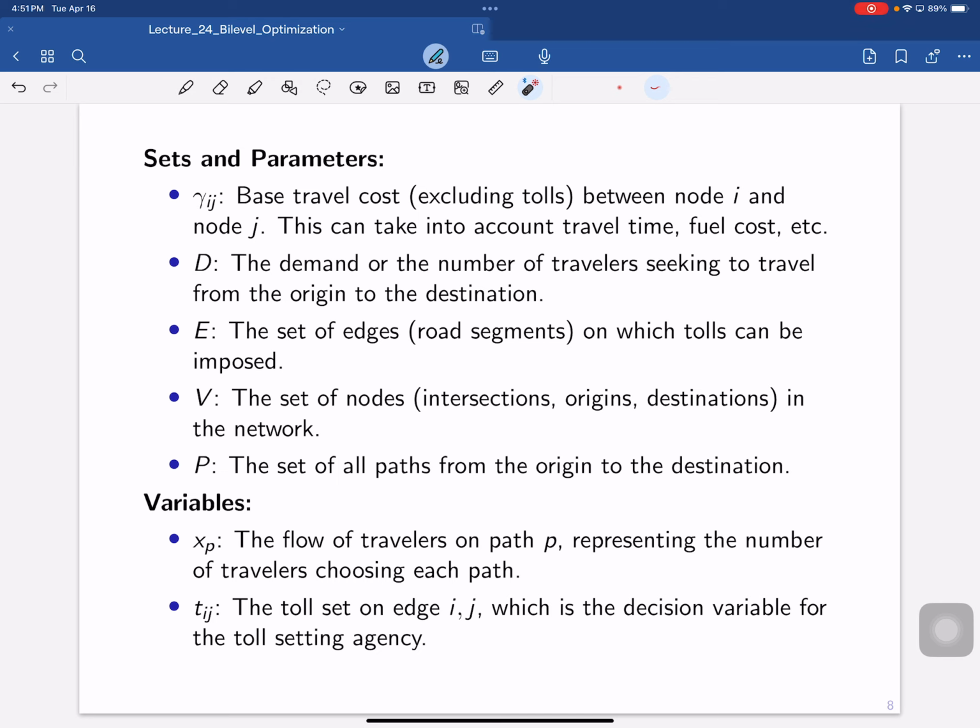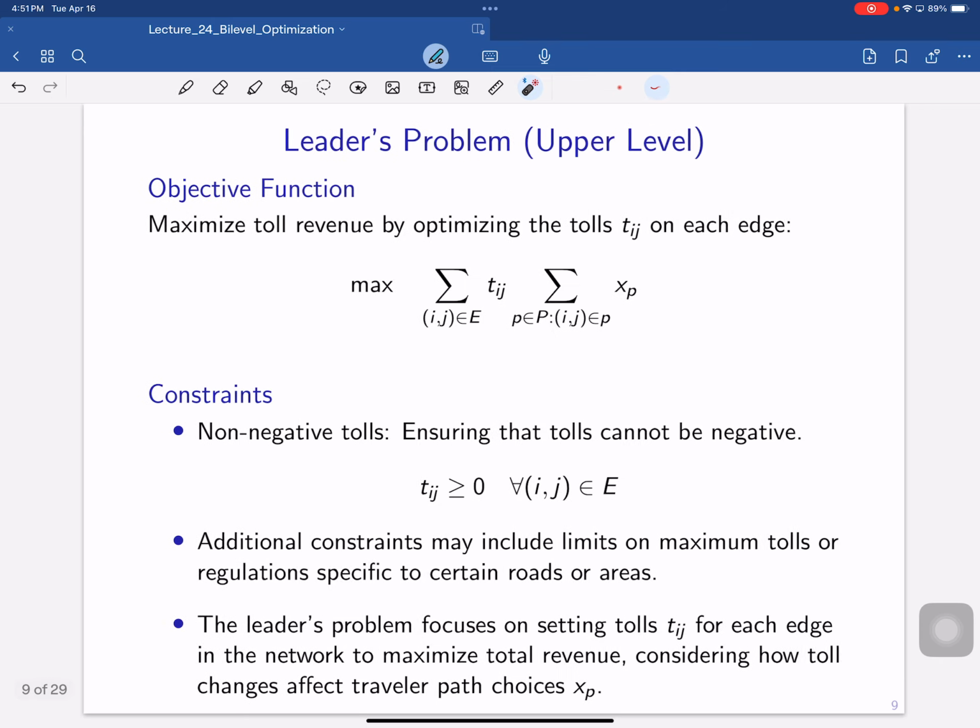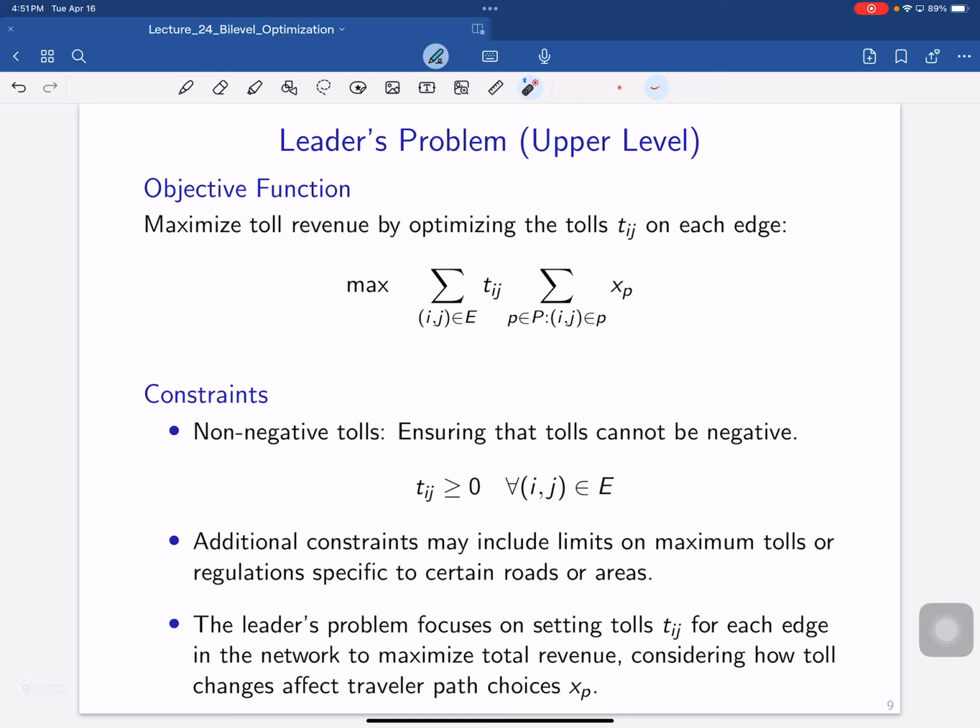The leader first needs to decide the tolls on each of the edges ij. So now what is the leader's problem? The leader is trying to maximize the revenue on all the edges, so here we will sum over all the edges. The toll on edge ij is Tij, and Tij is a variable here.